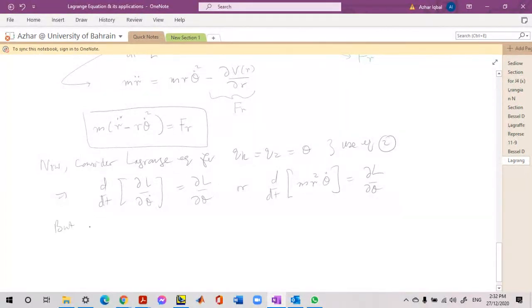But one thing to note here: m r square theta dot is the angular momentum of the particle which is moving under the central force, and we know that the angular momentum remains constant.